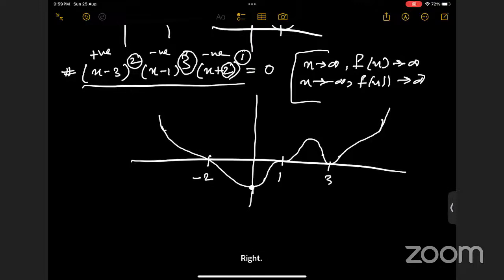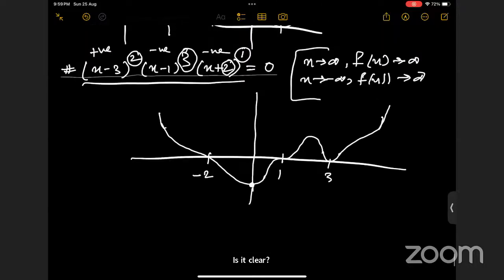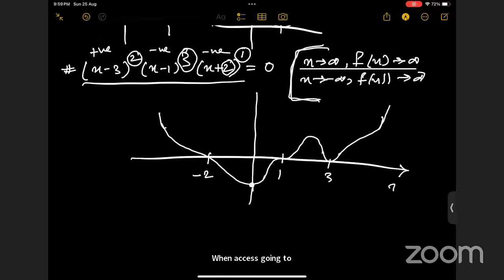Yes, ma'am. Ma'am, can you explain the tending to infinity concept once more? So we can check the end behavior here. When x is going to infinity, f of x is also going to positive infinity. This is the positive infinity for the y-axis, and this is the negative infinity for the y-axis.